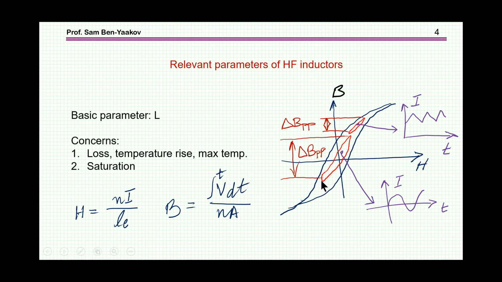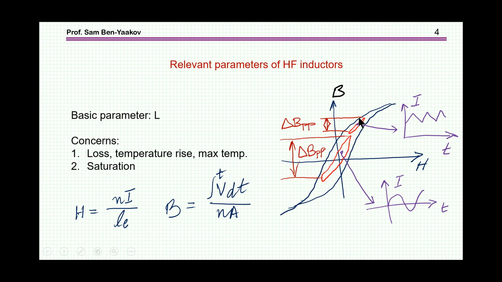Now, the relevant parameters of the high-frequency inductors are really related to two subjects. One is the loss, temperature rise, maximum temperature you are allowed to go to, and then saturation. Now, these are actually based or dependent on the hysteresis curve of the core, being a ferrite or distributed or a iron powder core, and on the minor loop.